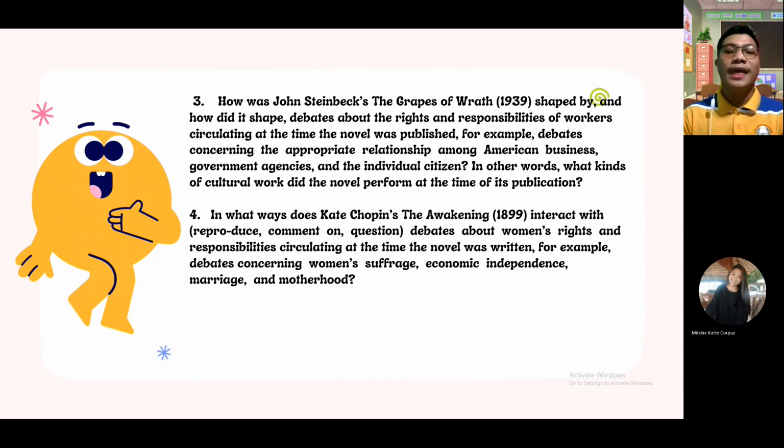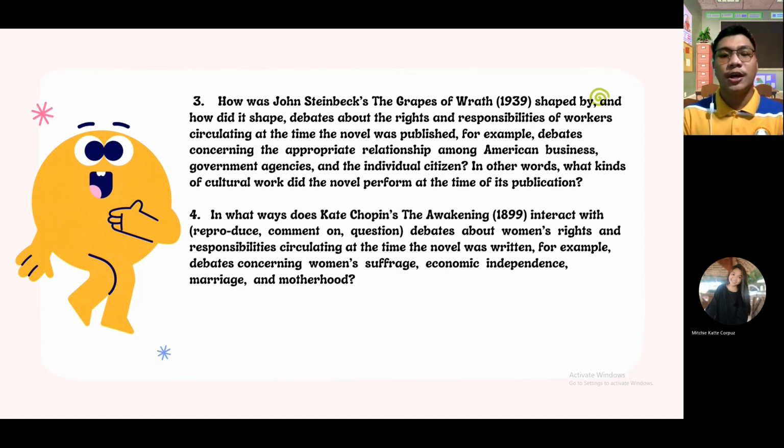The fourth one: in what ways does Kate Chopin's The Awakening in 1899 interact with, reproduce, or comment on debates about women's rights and responsibilities circulating at the time the novel was written? For example, debates concerning women's suffrage, economic independence, marriage, and motherhood.